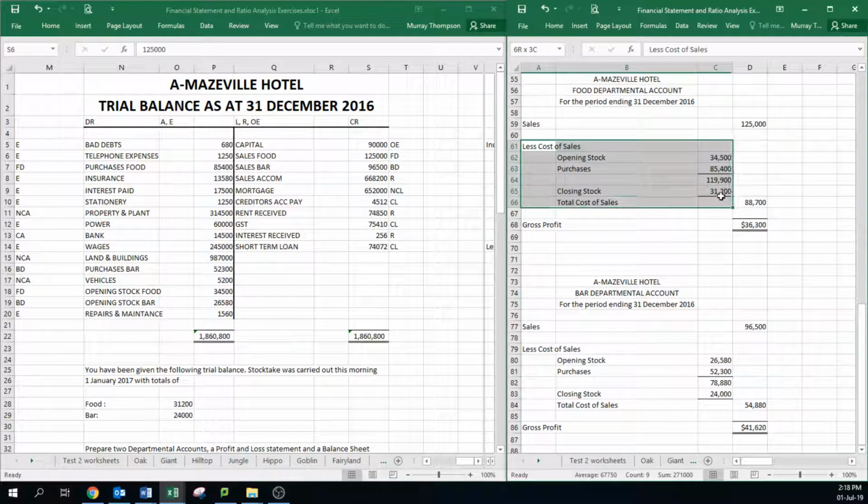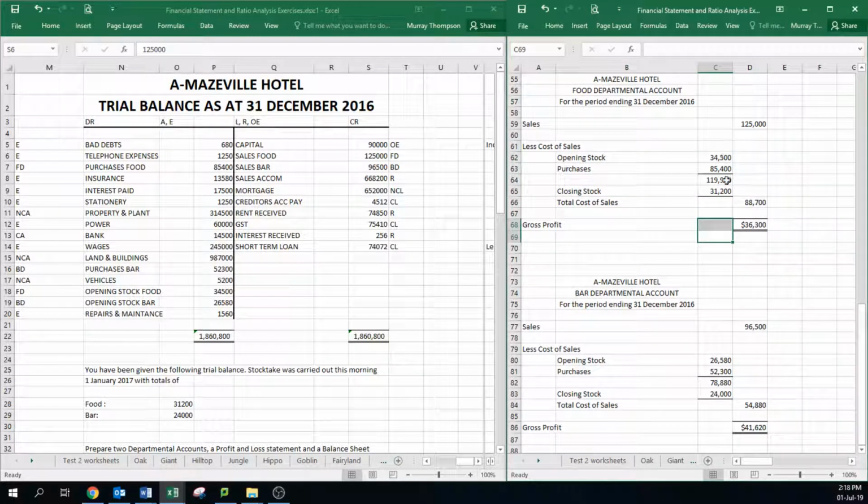You calculate cost of sales, and then finally sales minus cost of sales is gross profit. This is what we receive from our customers. This is our total cost of restocking the bar. So that is the profit that this department has made over that year.